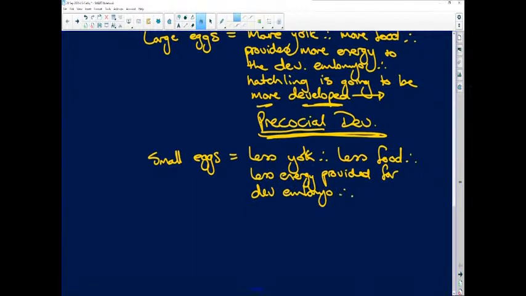And therefore the hatchling is underdeveloped and very immature.